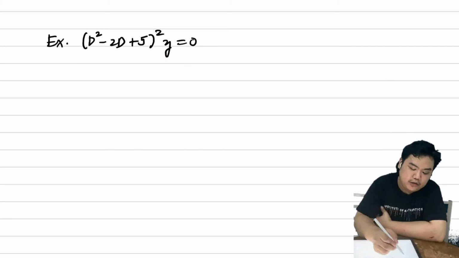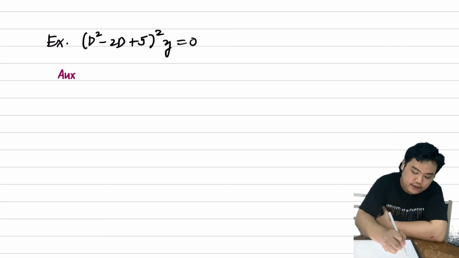But in this case, ang notation niya naka-letter D siya. Ibig sabihin nito, you just square this polynomial. Paano ba to? So, ganun lang ulit. So, we find the auxiliary equation first.